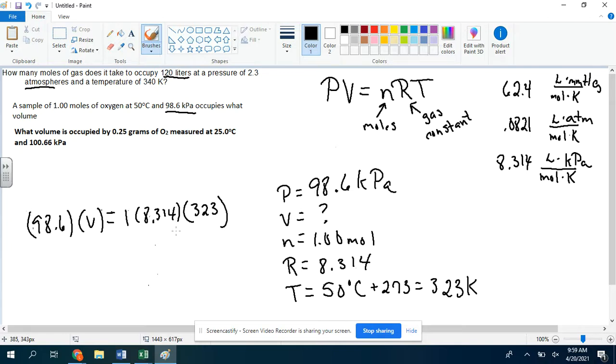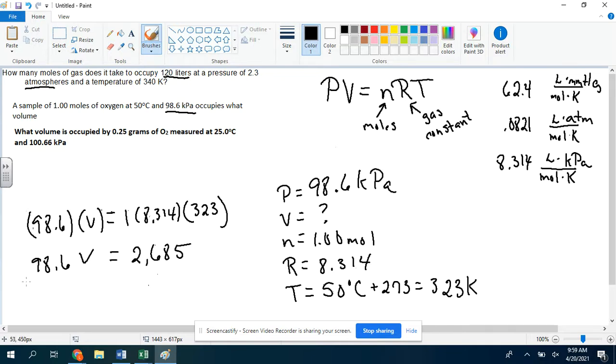So 323 times 8.314. If you want to go ahead and combine these, the 1 is just 1, so times 1 is 2,685. I highly encourage you to do this along with me on your calculator so you can make sure you're getting the same thing as me.